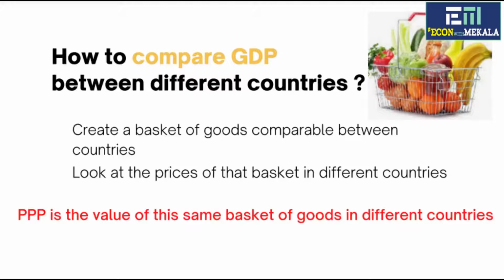They are going to compare the value of this basket in one country and the value of the same goods in the basket in a different country. So purchasing power parity is the value of this same basket of goods in different countries. But how do we calculate it?